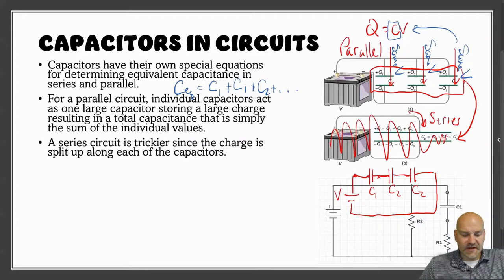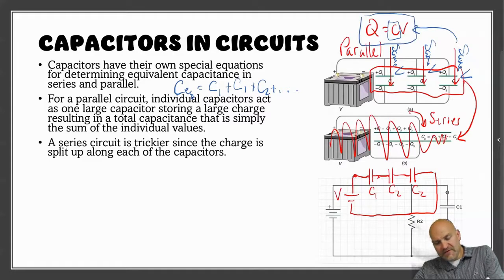For a series circuit with capacitors, it's a little bit trickier. Again, if we look at Q equals CV, down these paths it's going to have the same charge.